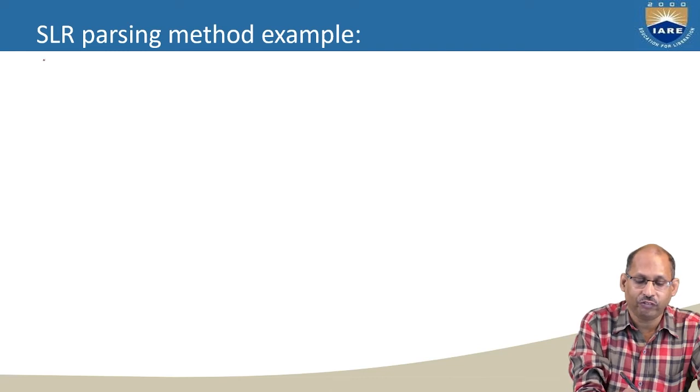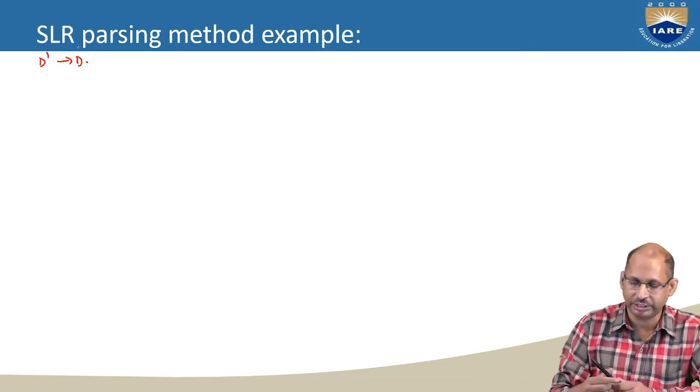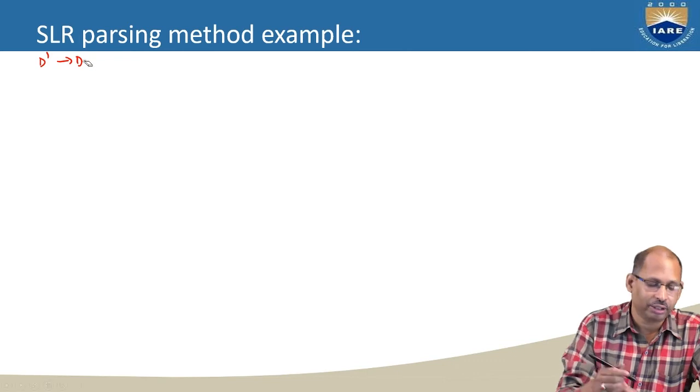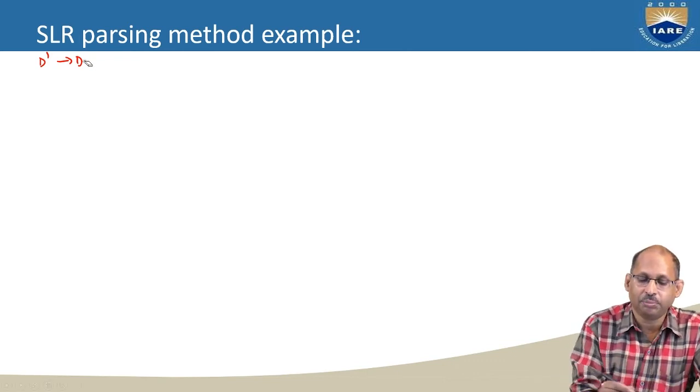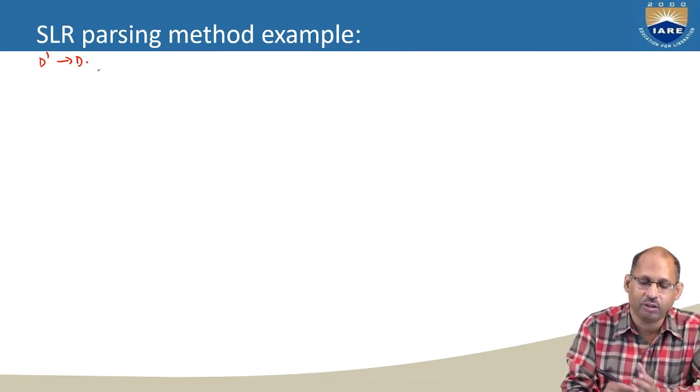So we add a new production D dash gives D. That is the new production that we are considering. Right. Then what are the production grammars that we have?